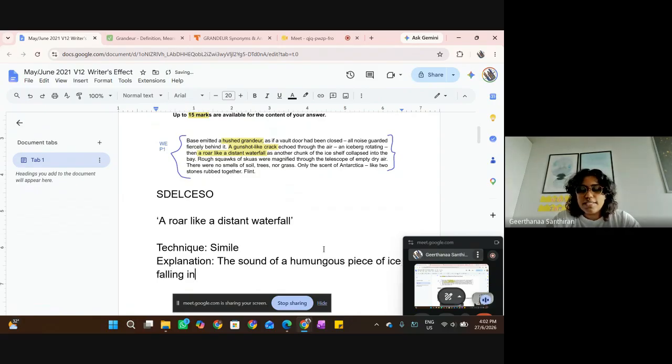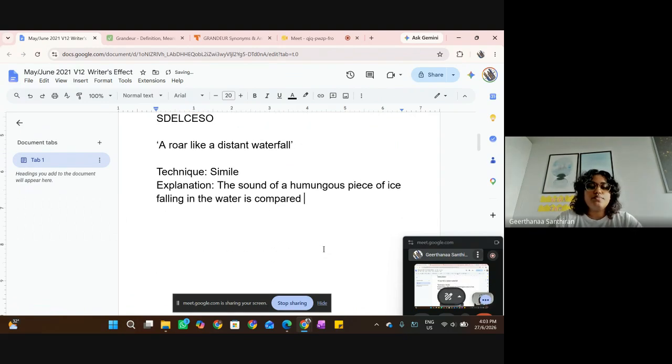Bay is water, right? In the water is compared to the sound of a waterfall and a roar. You can just pick one. I mean, I will talk about the roar, so I'm just going to go for waterfall first, to the sound of a waterfall. But you see the word distant there?